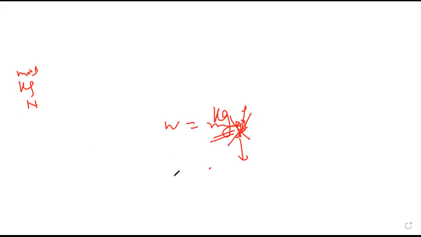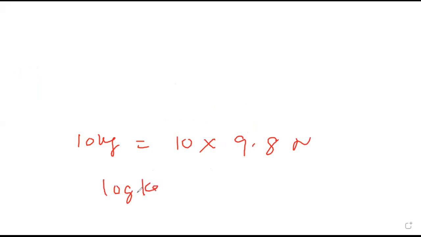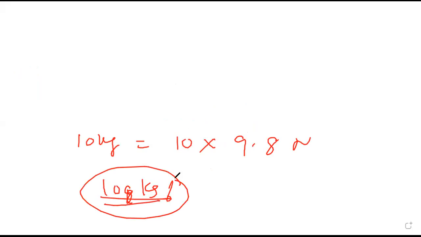That is called gravitational unit. So remember, whenever it is gravitational, that means we are neglecting that g part. 10 kg, how to convert into Newton? 10 into 9.8 in Newton. So I can write even kgF, that also means force, but not in SI. It is called gravitational unit.